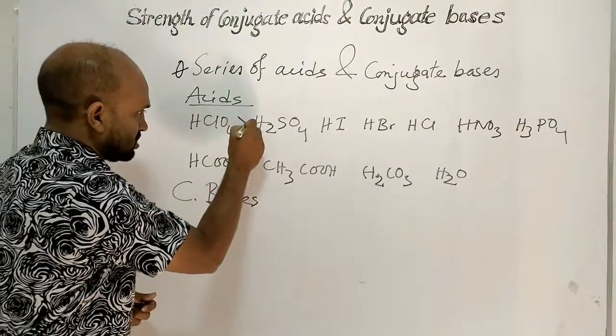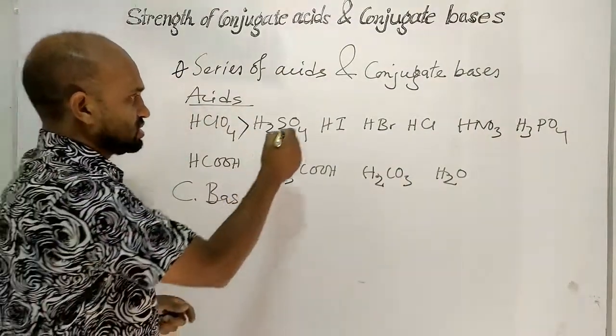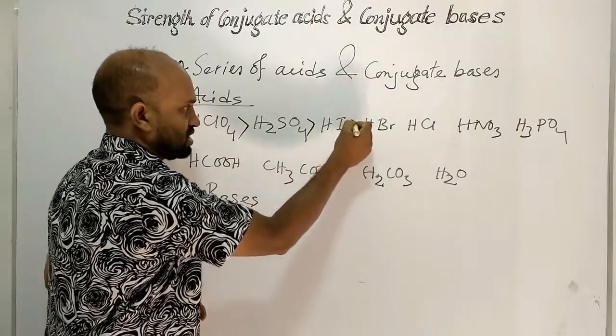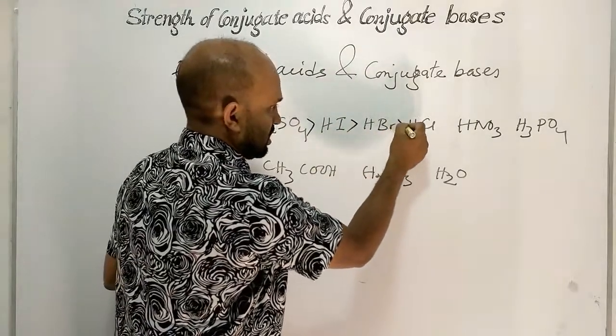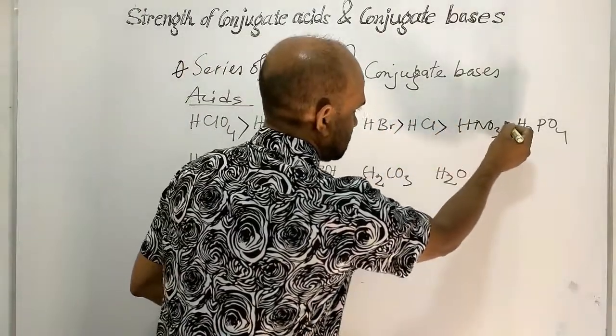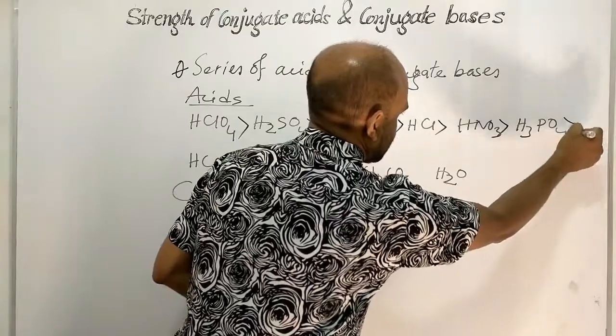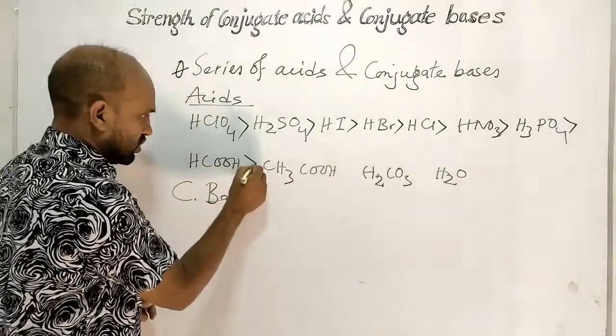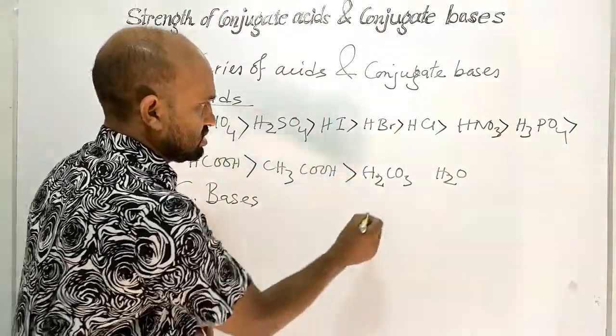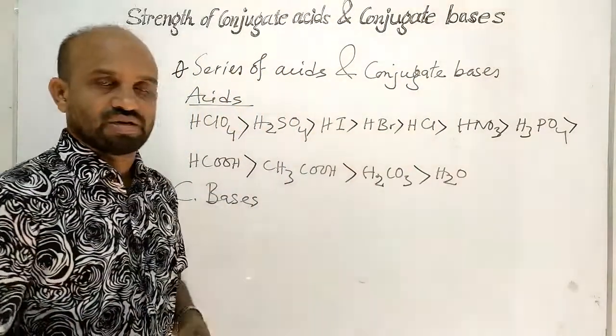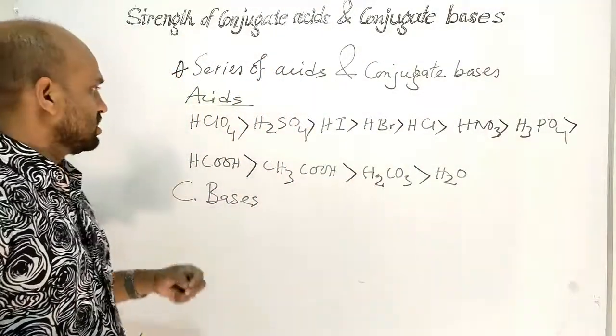Here perchloric acid is the strongest acid, then sulfuric acid, then hydroiodic acid, then hydrobromic acid, hydrochloric acid, nitric acid, phosphoric acid, formic acid, acetic acid, carbonic acid, and lastly water.